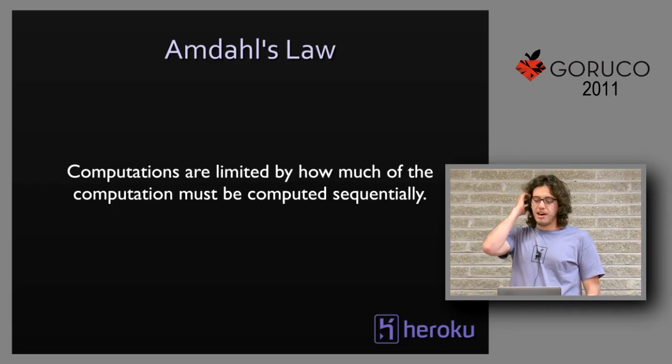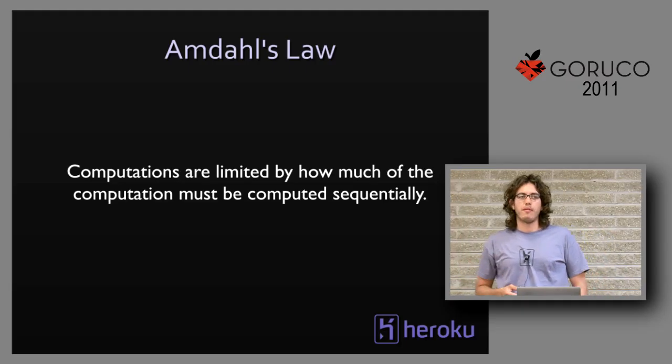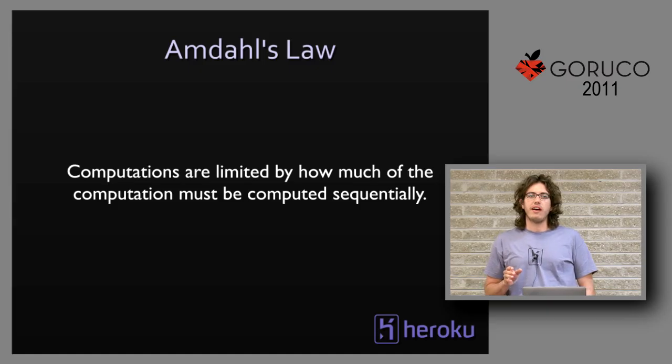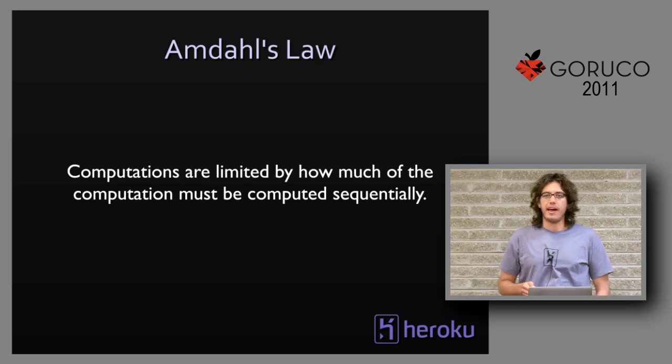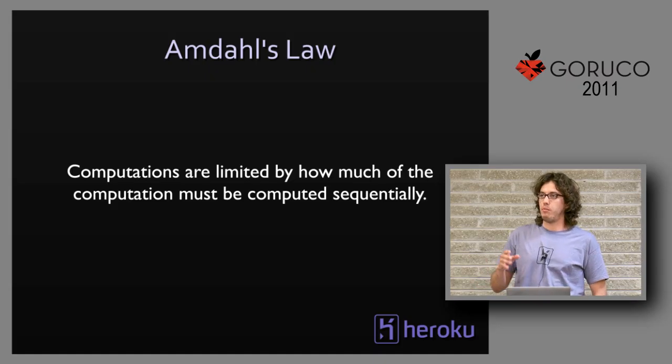He set up a framework: if we can figure out the ratio of concurrent code to non-concurrent code in a program, then we can reason about how beneficial adding more processors to our program will be.